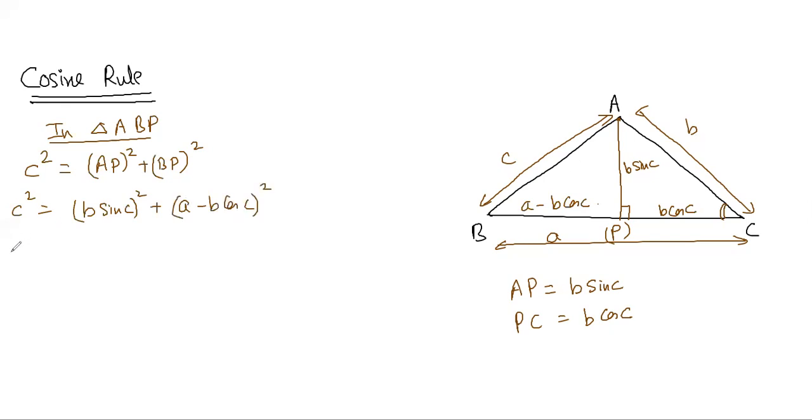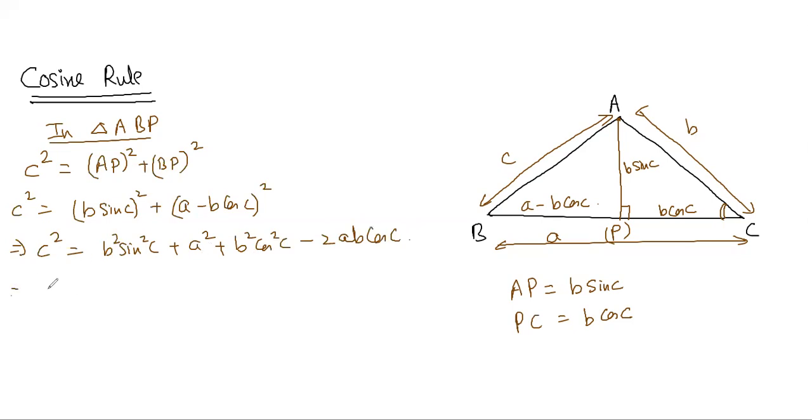So if we simplify this, it will become b square sin square C plus a square plus b square cos square C minus 2ab cos of C. Okay. So b square sin square C plus b square cos square C will be equal to b square.